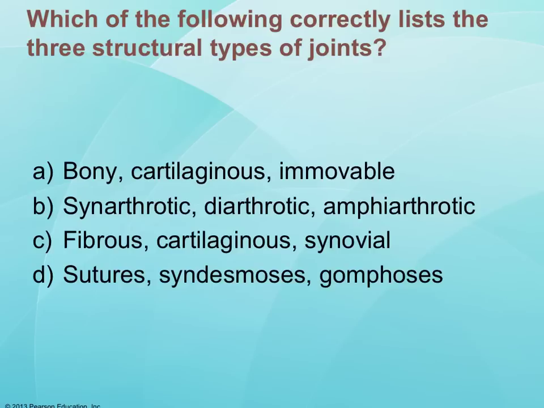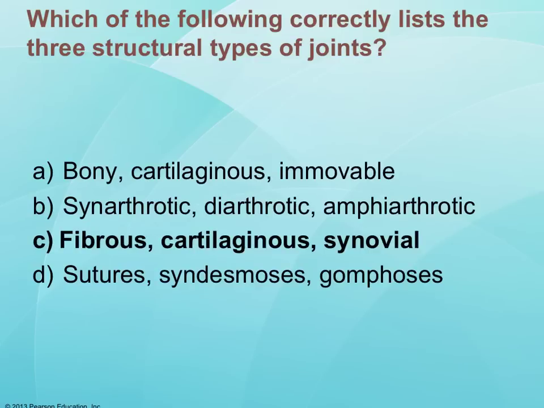Okay, let's see a few questions here. Which of the following correctly lists the three structure types of joints? The answer is C. Fibrous, cartilaginous, and synovial.